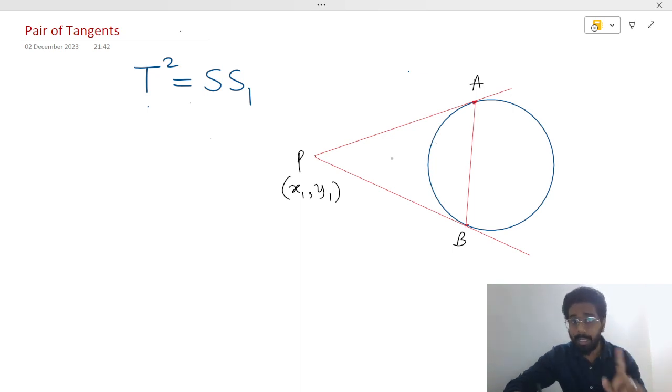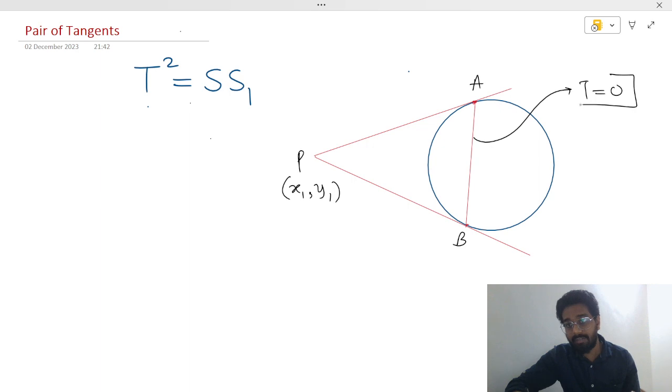Now I am assuming you have read that the equation of chord of contact is T equals 0. If you are having confusion, let me give you a brief. If point x1 comma y1 lies on the circle, then T equals 0 gives you the equation of tangent. If x1 comma y1 lies outside the circle, then T equals 0 gives you the chord of contact.